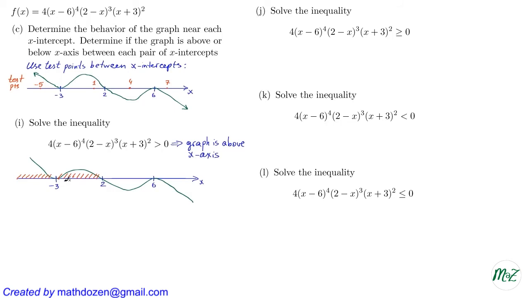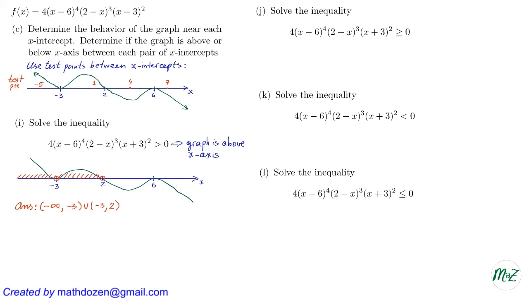And the x-intercepts -3 and +2 will be excluded points, because there the graph is exactly on the x-axis. So for the answer to this first inequality, we're going to have the interval from -∞ to -3, joined with the interval from -3 to +2.